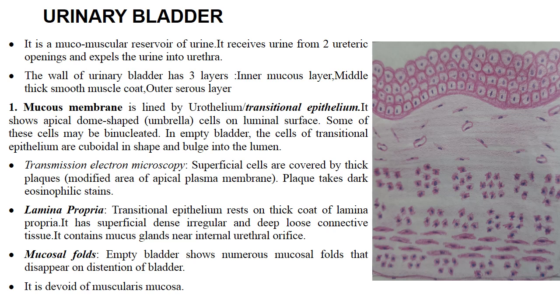When the bladder is in a relaxed state, the superficial cells are umbrella shaped, and when the bladder is stretched, the superficial layer has simple squamous epithelium.